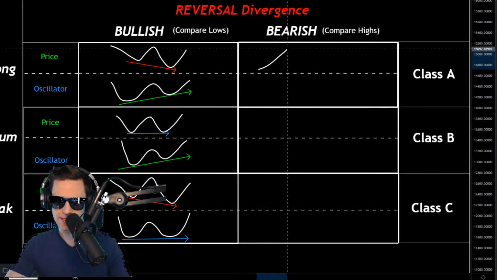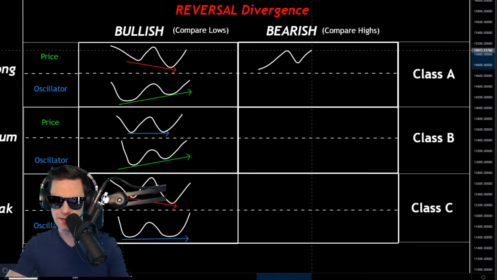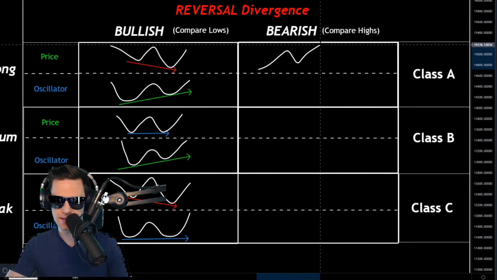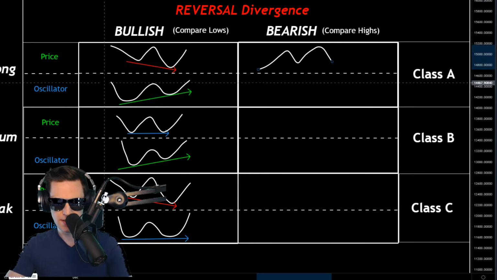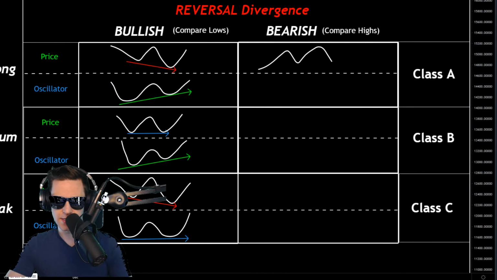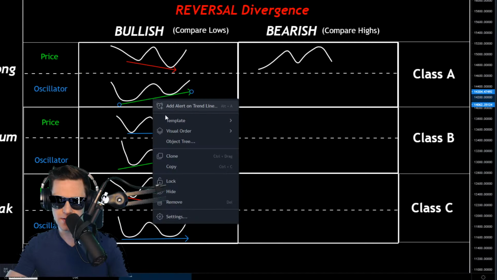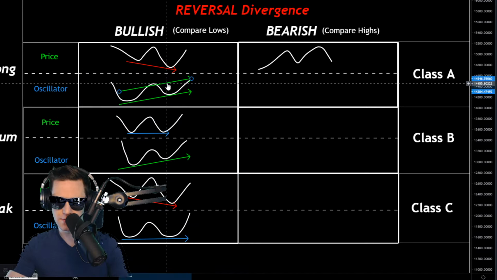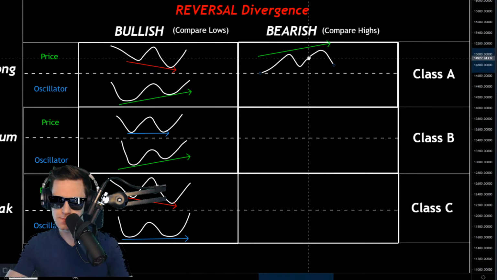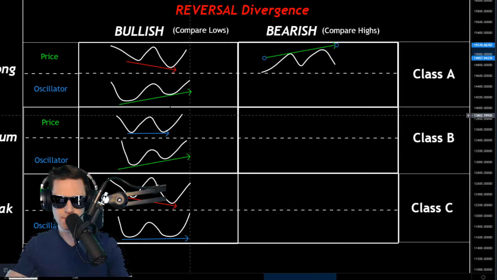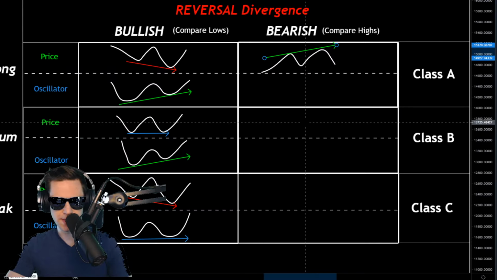We're going to see price set a high, pull back, set a higher high, and then again we're looking for a reversal, so hopefully it then sells off. And we're going to get ourselves a fancy green arrow to put up there. And on our oscillator, what do we expect to see?